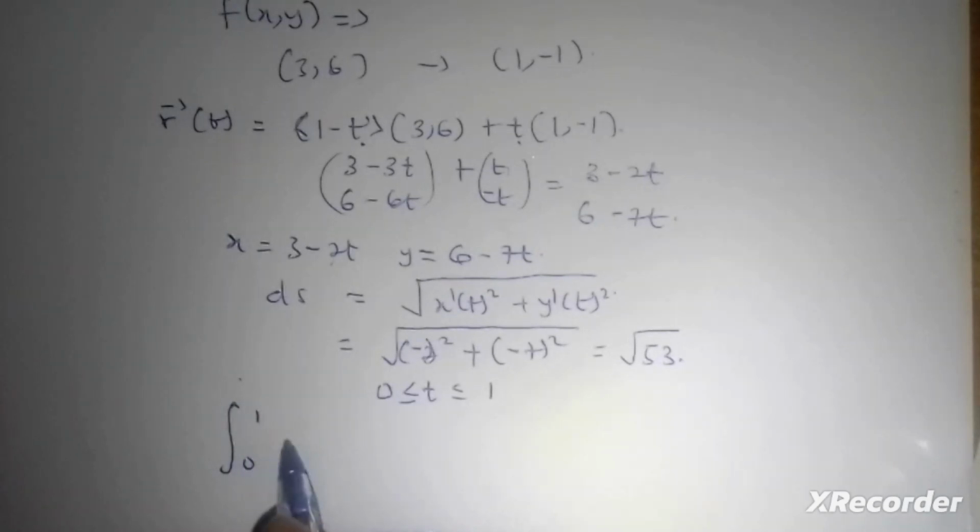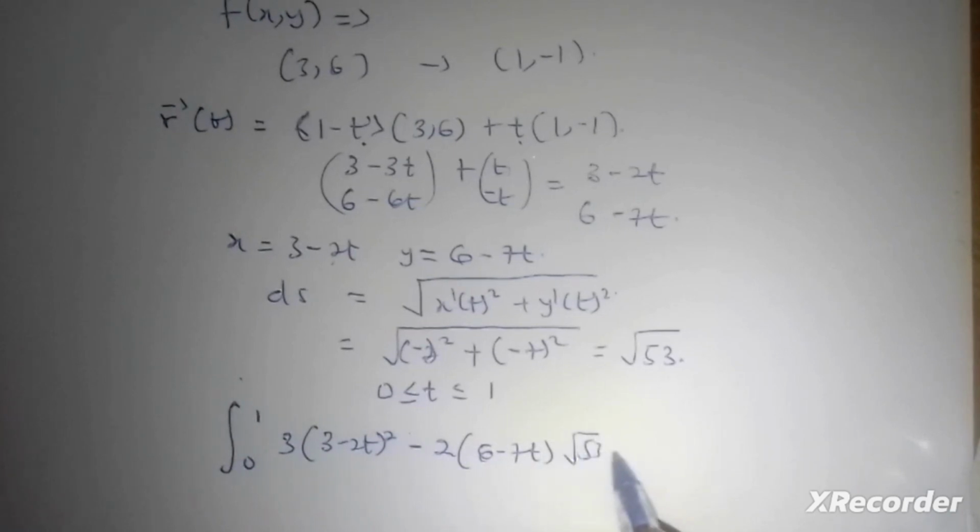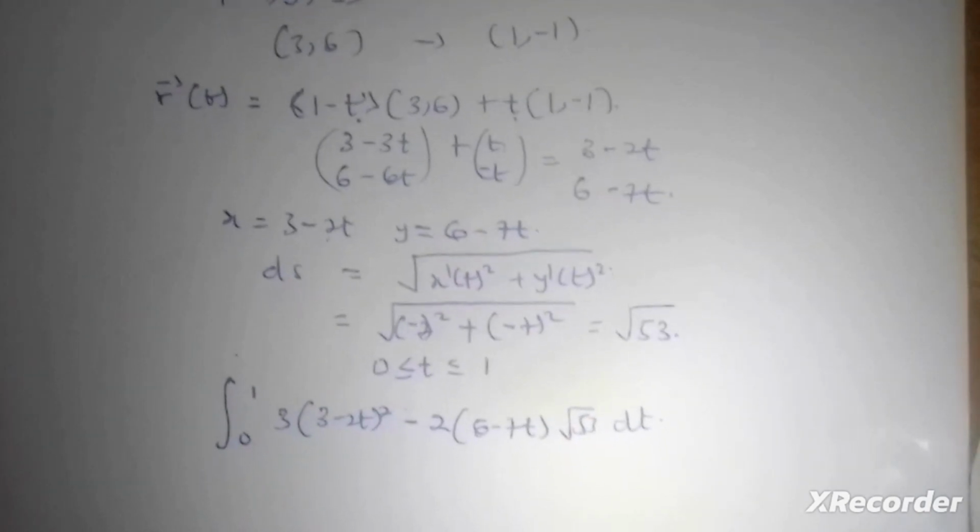So 0 to 1, then you come back to 3 open brackets, (3 minus 2t) all squared, making the substitution, minus 2, our y is simply 6 minus 7t. Then our ds comes as the square root of 53 dt, as you have here.